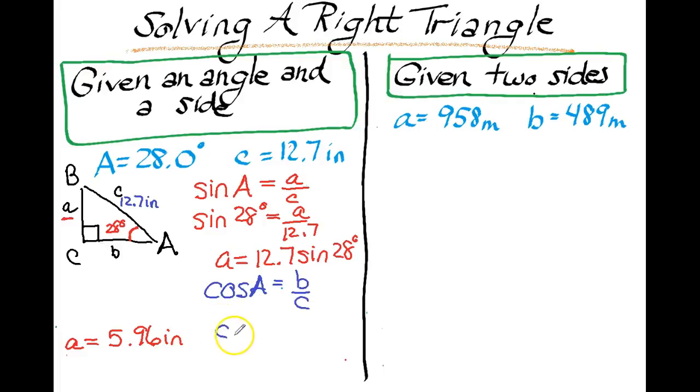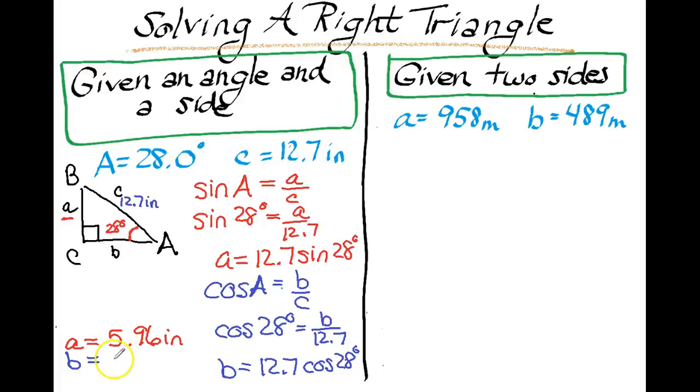So the cosine of 28 degrees equals B over 12.7. And so when I solve for B, it is going to be 12.7 times the cosine of 28 degrees. So little b equals, break out your calculator, 12.7 times the cosine of 28 degrees. And we get 11.2 inches.